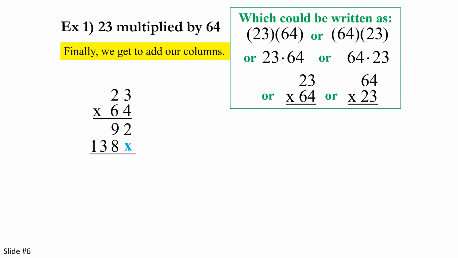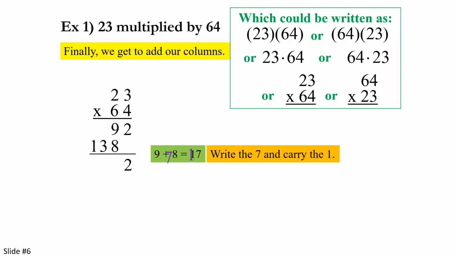Finally, we get to add our columns. First, the placeholder disappears. Some people use a 0, some people use an X, some people use a blank. I'm using an X just to help us keep track of where things are. So the 2 comes straight down. 9 plus 8 is 17.